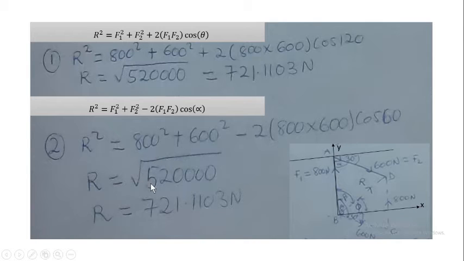Then when you punch your calculator well, you will get the value of r squared to be 550,000 Newton. Then when you take the square root of both sides, you get the magnitude of r, the resultant. The magnitude of the resultant will be 721.1103 Newton. So you could either use this formula or this formula.